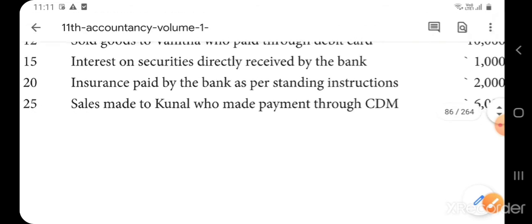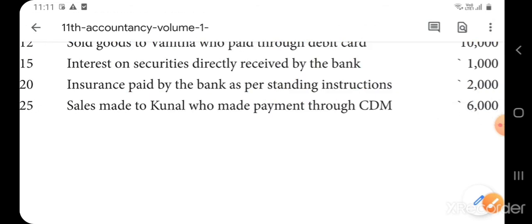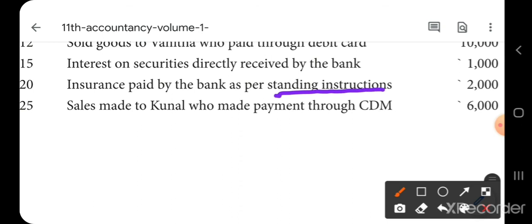Next one, insurance paid by the bank as per standing instruction. Now, standing instruction means, I'll just give you an example. If I have a house and I have given that house on rent, okay, of 10,000 per month. Now, this tenant, instead of paying me directly this 10,000, I have asked my banker to collect 10,000 from my tenant every month on 5th.